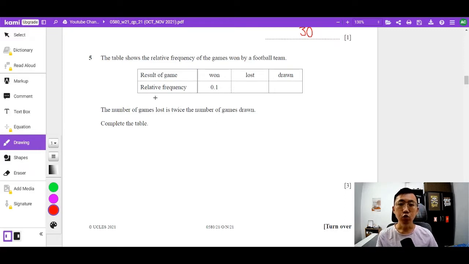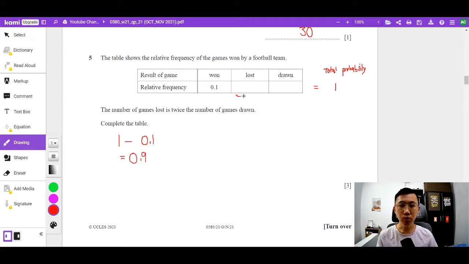Now, to do this question, you must know the total probability must be equals to 1. Alright, remember that. Total probability must be equals to 1. So 0.1 is the probability that the football team will win. Alright, so you have 2 more blanks to fill. So your first step for this working step is 1 minus 0.1. So you will need to fill up 0.9 left.